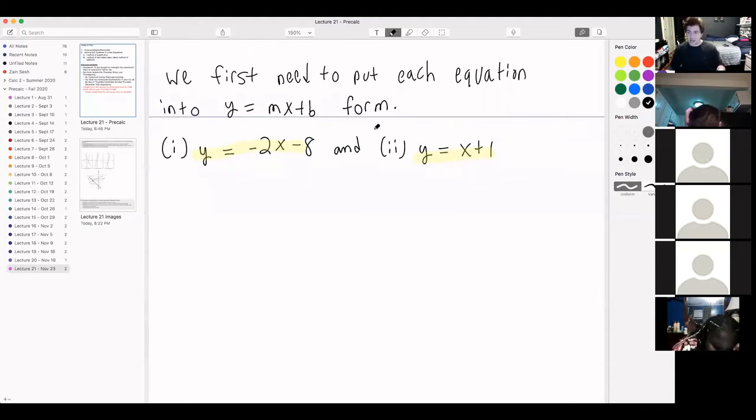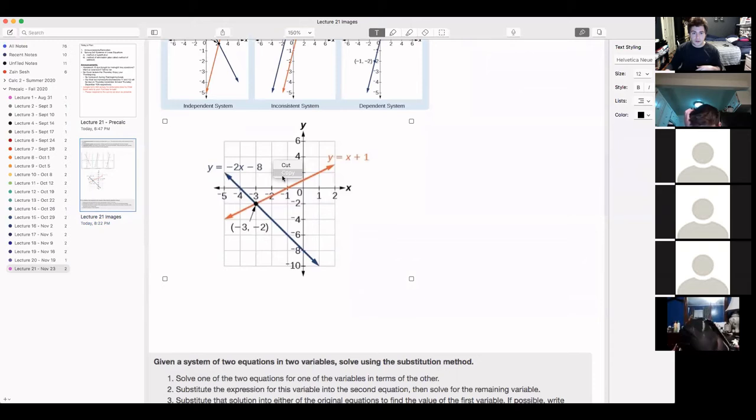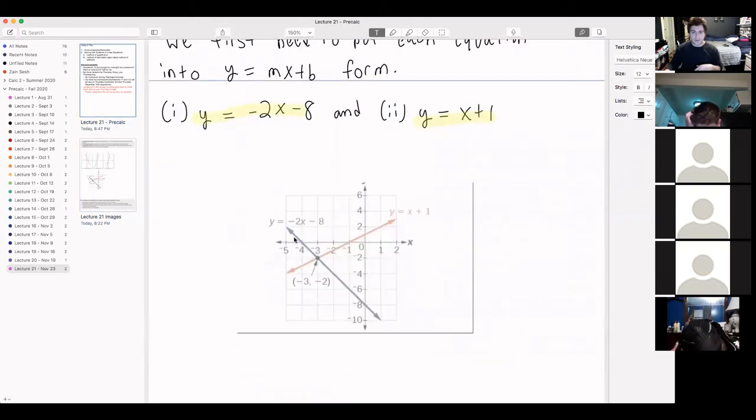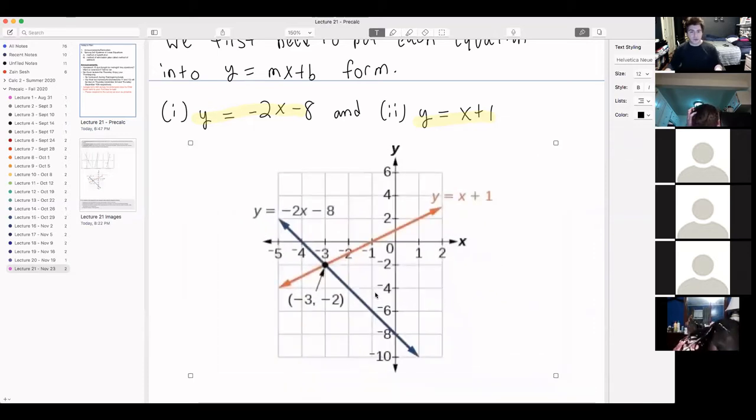Okay, so I'm actually not going to graph these in front of you. I actually have a nice picture, luckily. So let's just go to that. And here we have it. Equation 1 is the blue line here. Equation 2 is the orange. So you would graph these in the xy plane, and you just need to see what xy coordinate they intersect at.